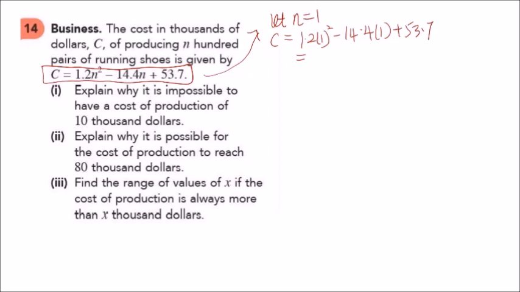1.2 minus 14.4 plus 53.7. You get 40.5. But the value for C is in terms of thousands of dollars. So the actual cost is 40.5 times 1,000.